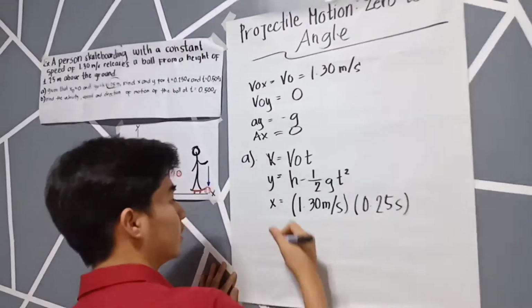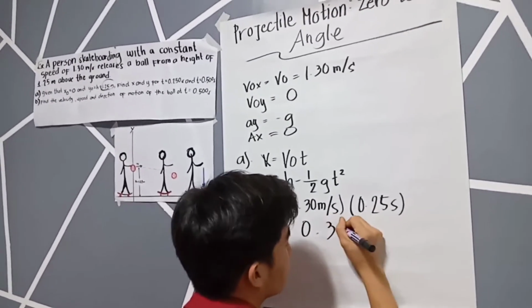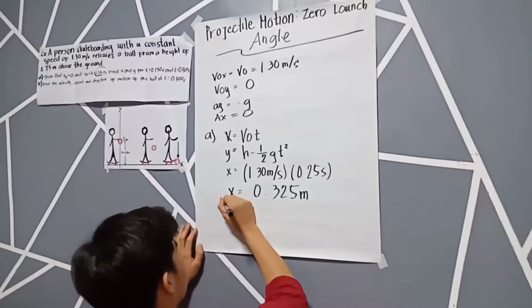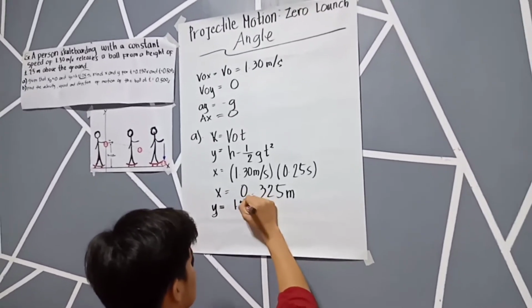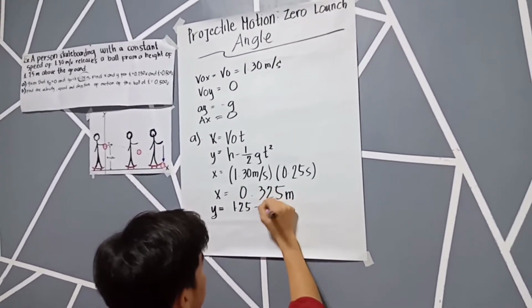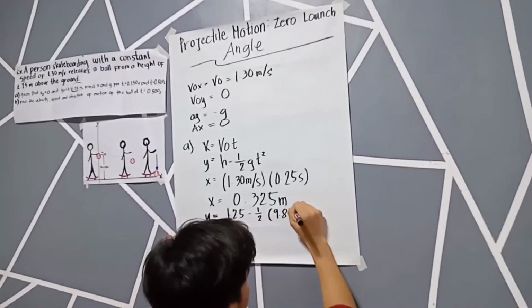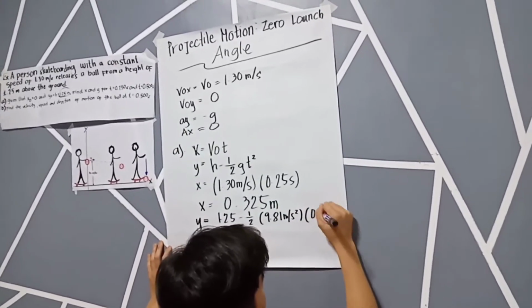By calculating, x is equal to 0.325 meter. And y is equal to 1.25 meters minus 1/2 times 9.81 meters per second squared times 0.25 seconds squared.